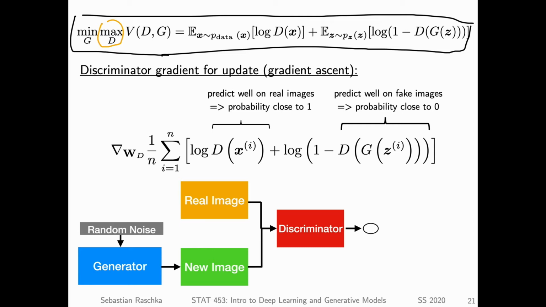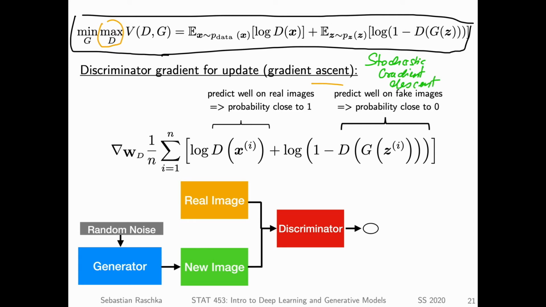Because this is a maximization problem, we have to use gradient ascent here. Recall that in previous lectures we always wanted to minimize a loss, and to minimize it we took steps in the opposite direction of the gradient. We called that stochastic gradient descent.